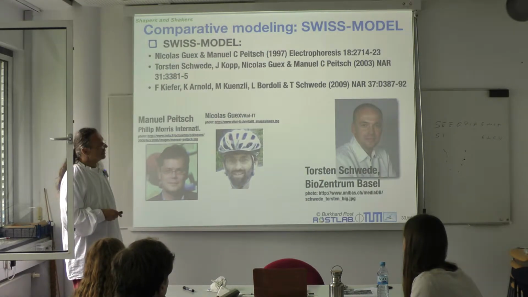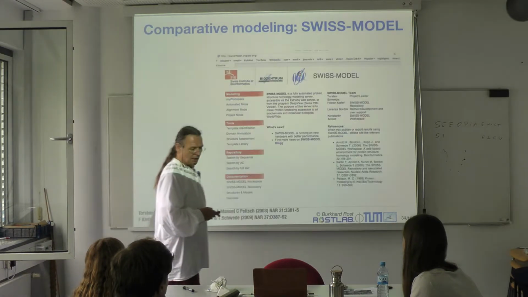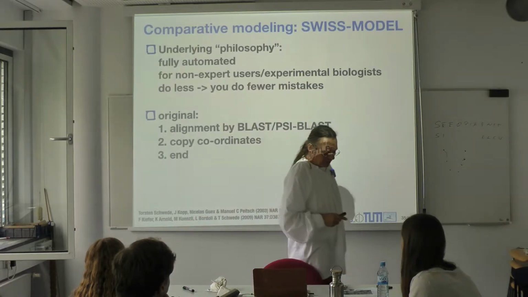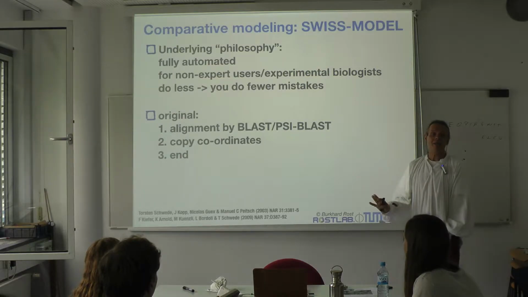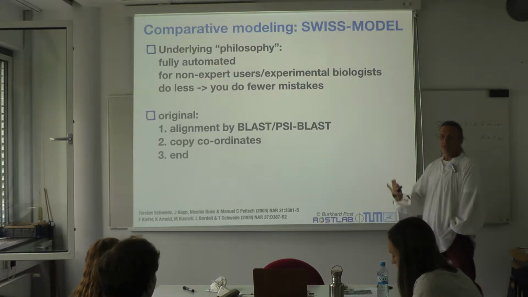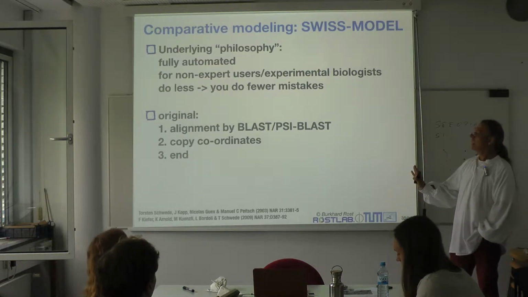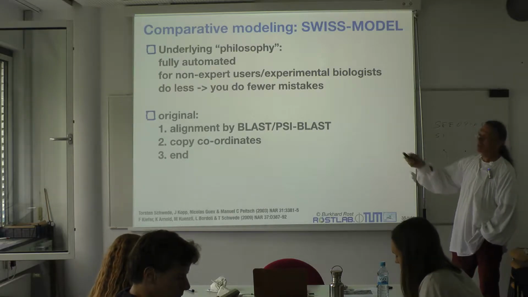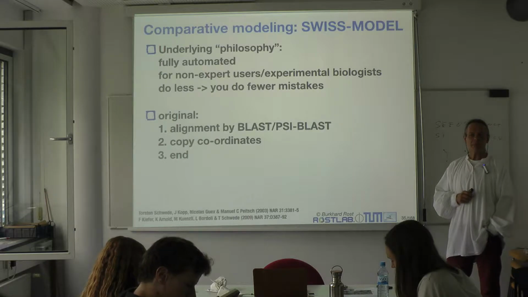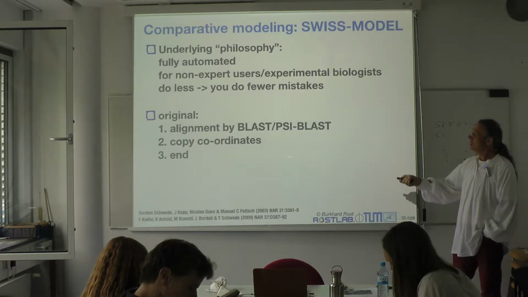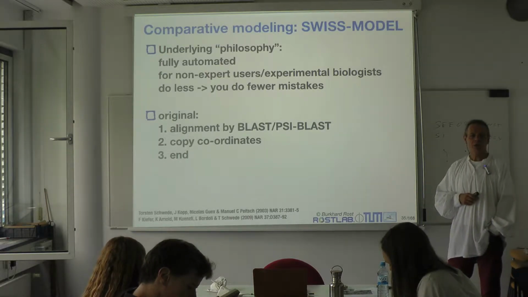So these are the original publications of Swiss-Model, and the underlying philosophy of Swiss-Model is: the less you do, the fewer mistakes you make. So the simplest thing you can do in order to do modeling, if you want a completely automated method, is you align by PSI-BLAST because it's cheap and fast. You copy the coordinates and you call it a day.